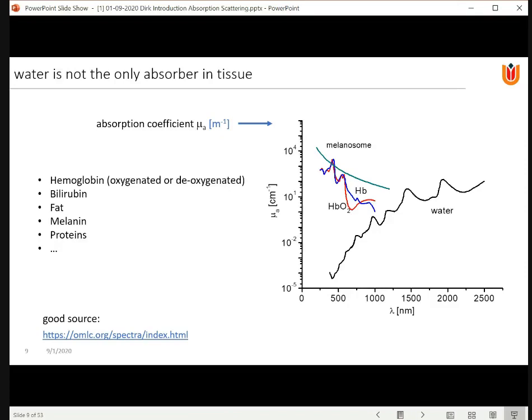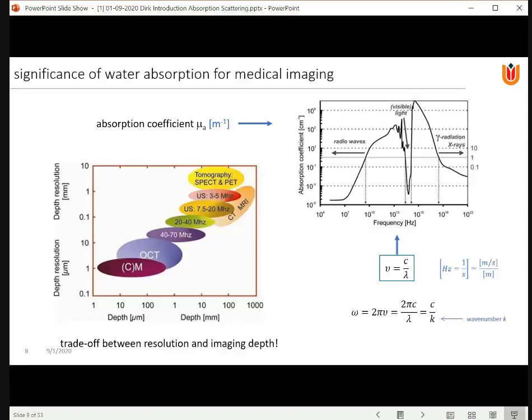What I do think is interesting is that absorption of water increases with wavelength, but in the slide prior to this, you show that there was the question that higher wavelengths have higher image depth, but water does absorb more at higher wavelengths, which kind of contradicts it, I think.